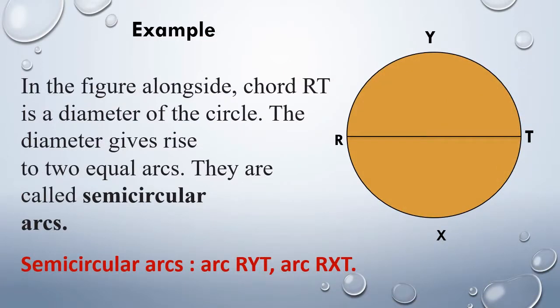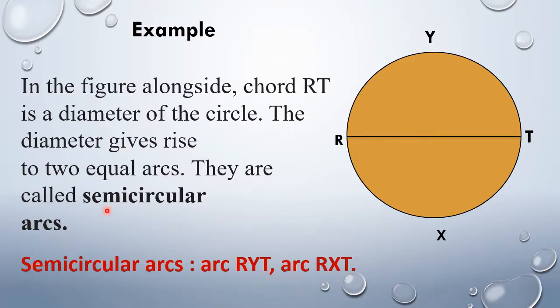Let's see one example. In the figure alongside, chord RT is a diameter of the circle. Here in this picture you can see chord RT is a diameter of the circle. The diameter gives rise to equal arcs.